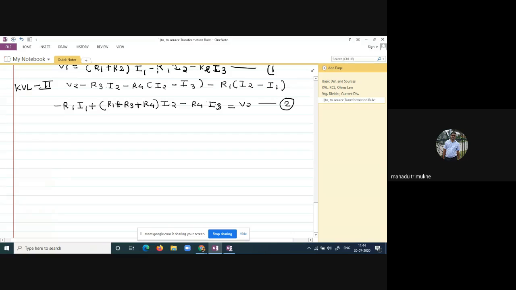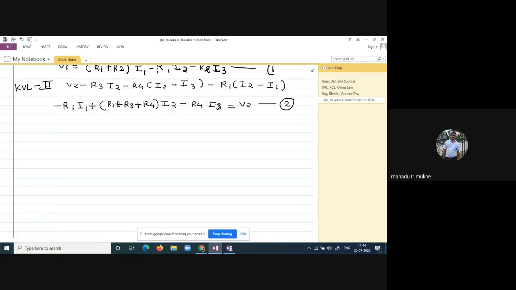Here we just have to multiply R4 into I2 minus I3 and R1 into the bracket I2 minus I1. Then you will get this equation at KVL 2.